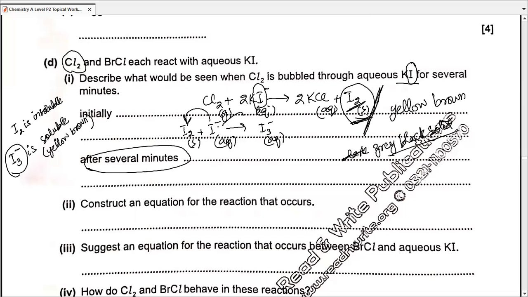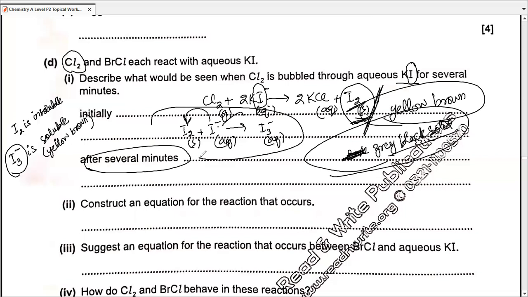You're not supposed to explain this to the examiner, but what you are supposed to do is to know that it's going to be yellow brown or the gray black solid. This is for your own understanding of why there is a yellow brown color. You don't need to explain this to the examiner. You simply need to remember the color. That's all we require both in IGCSE and A levels.